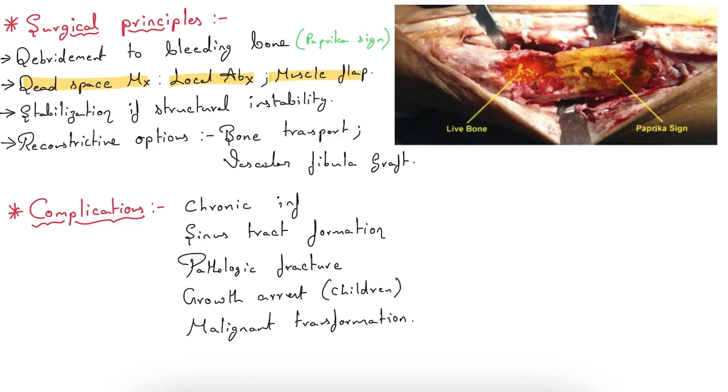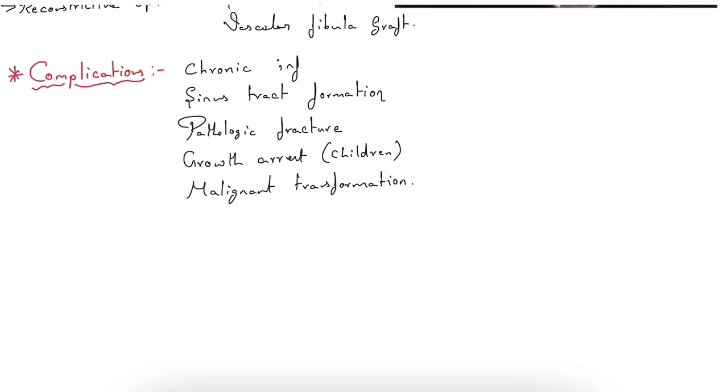In bone transport, mostly we focus on Ilizarov, which is for transporting the bone, and we can do vascularized fibula grafting also. In complications, mostly we can see chronic infection, sinus tract formation, pathological fractures, growth arrest in children, and malignant transformation.